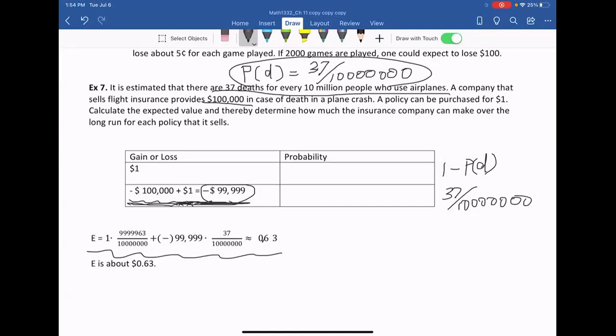It probably equals $0.63. So the expected value is about $0.63. So when one person buys the policy, the company will get $0.63 for each person in the long run.